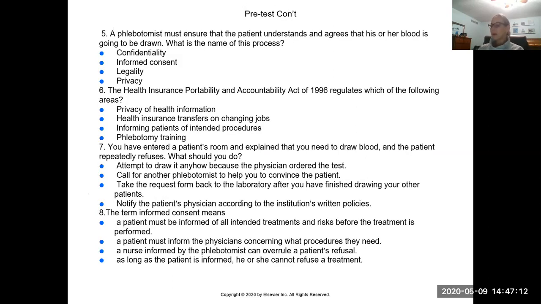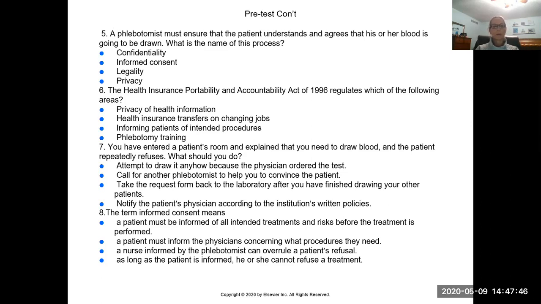A phlebotomist must ensure that the patient understands and agrees that his or her blood is going to be drawn. What is the name of this process? It's informed consent. The Health Insurance Portability and Accountability Act of 1996 regulates which of the following areas? That was developed for the privacy of health information.